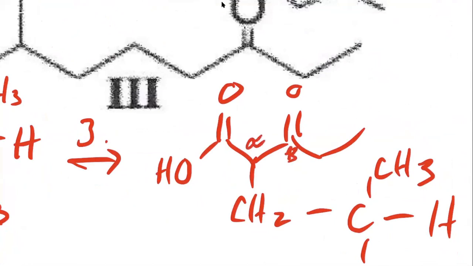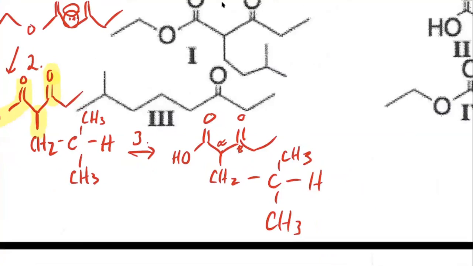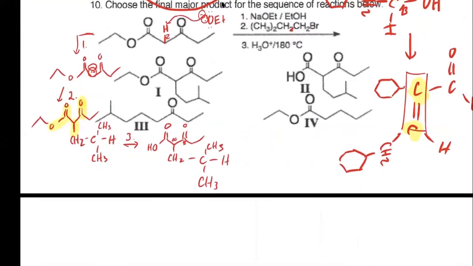Like one of the earlier questions we were doing, whenever you have a beta keto relative to the carboxylic acid, so at the beta carbon you have a carbonyl, and you have H3O plus at 180 degrees, you're going to have decarboxylation.